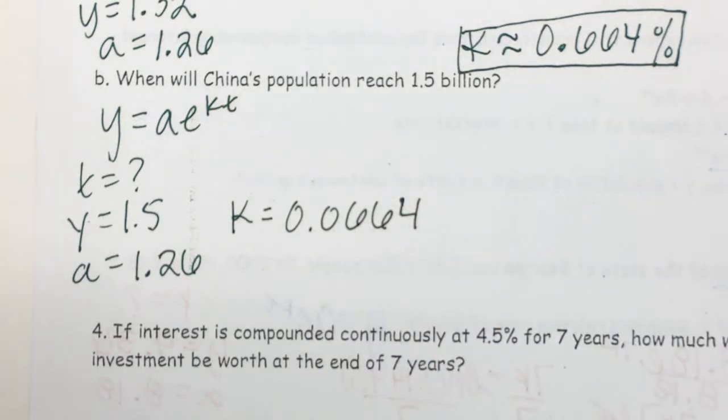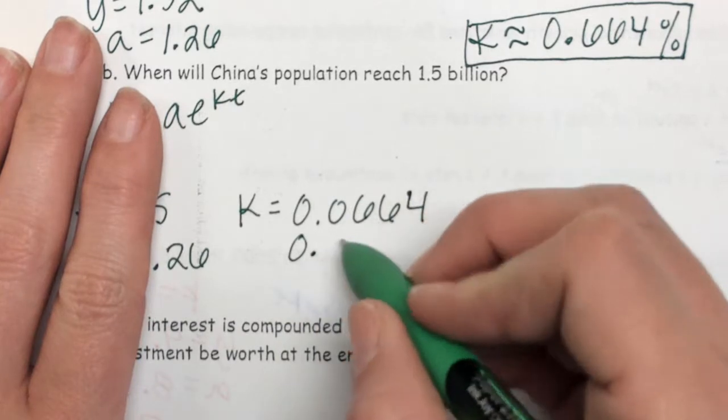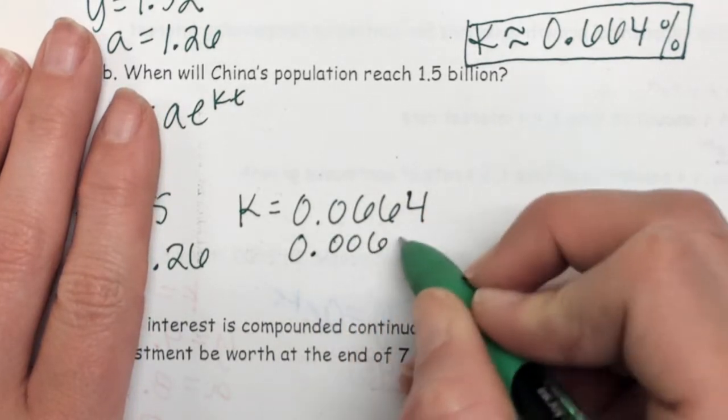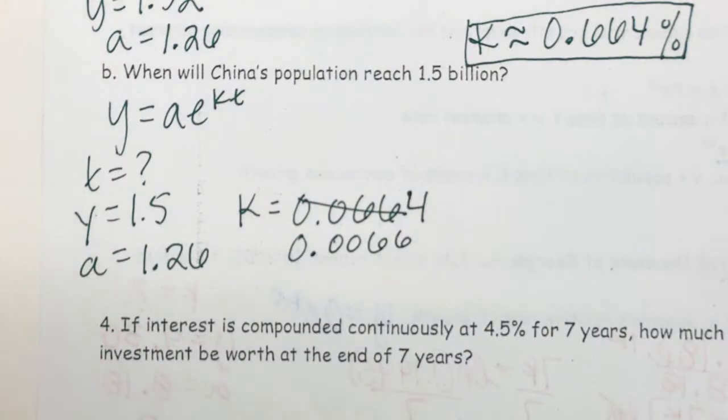Alright, go ahead and find t on your own. .006. 0.006. Yeah, sorry about that. There we go. Oh, anytime it's asking for time, go ahead and round to the nearest year, the nearest whole number.